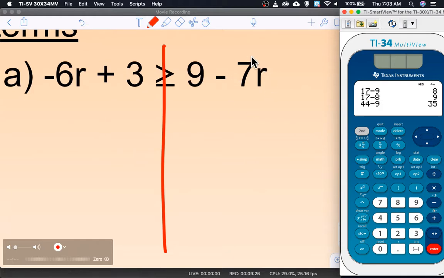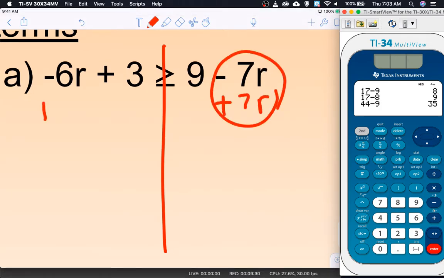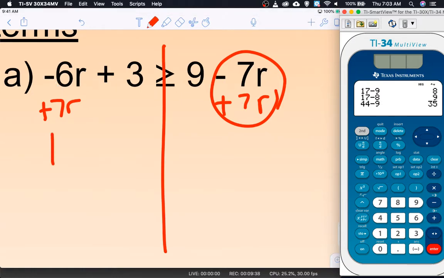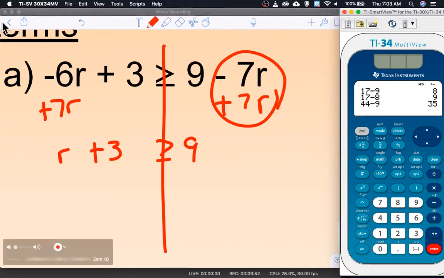So if we get rid of this one on the right, if I would add 7r, that will make it so our variable is always on the air quotes correct side. So now we have 1r plus 3 is less than or equal to 9. And then we just kind of keep solving like normal. By the way, that 1 in front of the r, we don't really need it. This is still 1r.